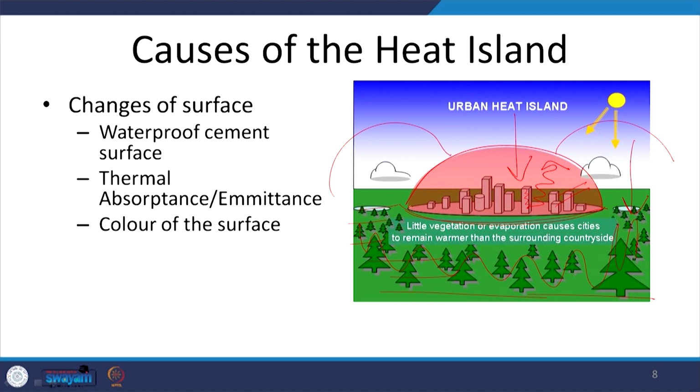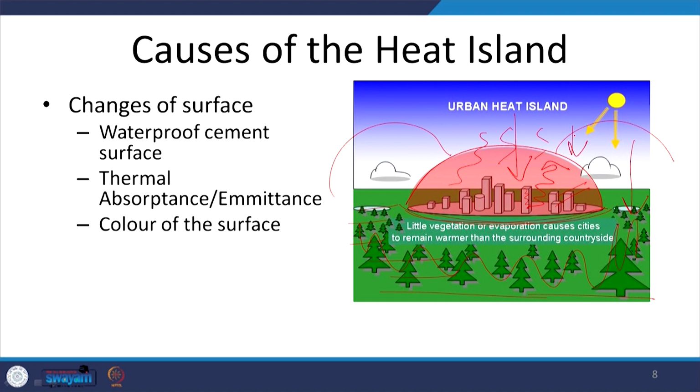Because these materials cannot hold moisture, the city limits become drier, and the moisture content further drops down in the downtown area, in the heart of the cities where a lot of buildings have come up. That is further responsible for the heat island, increasing the intensity of heat island.